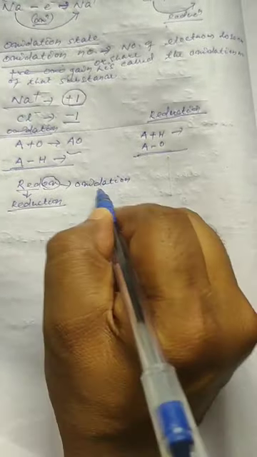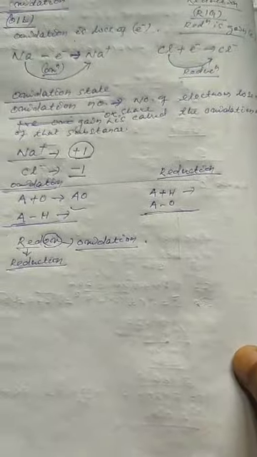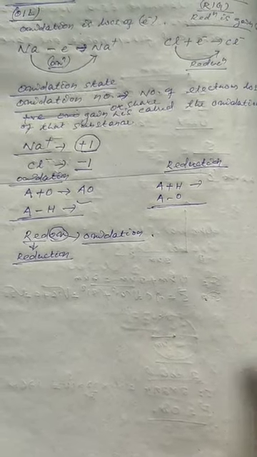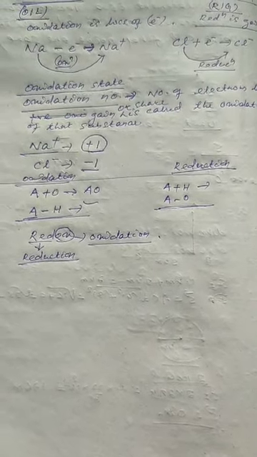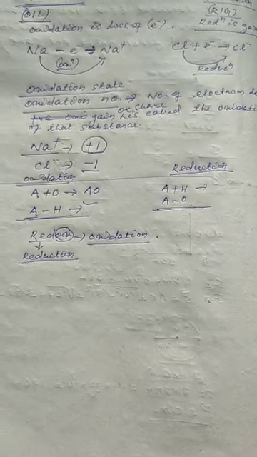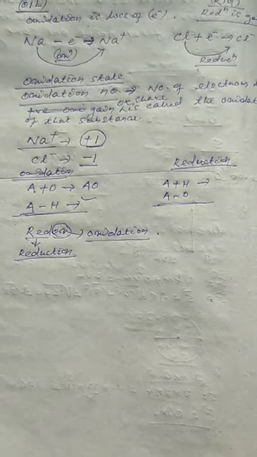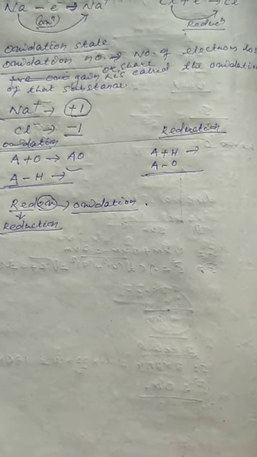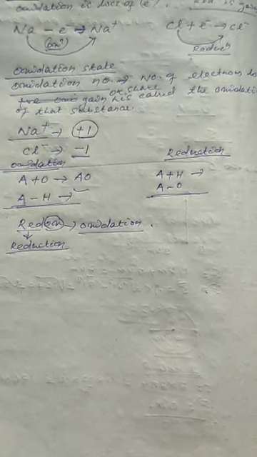Understood? That means most oxidation and reduction reactions generally occur simultaneously. In most chemical reactions of this type, both oxidation and reduction take place. These are called redox reactions.